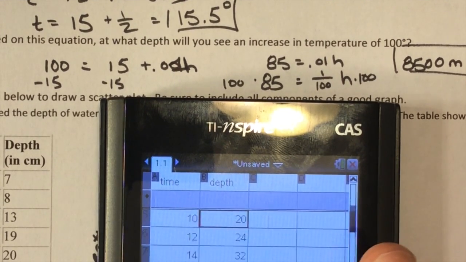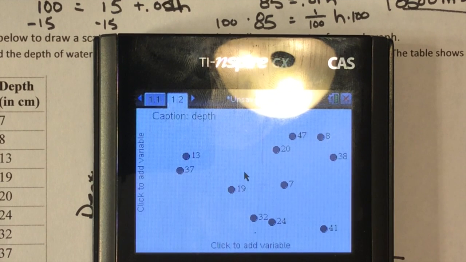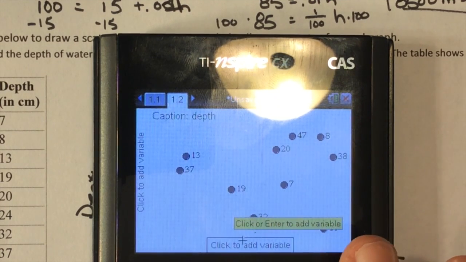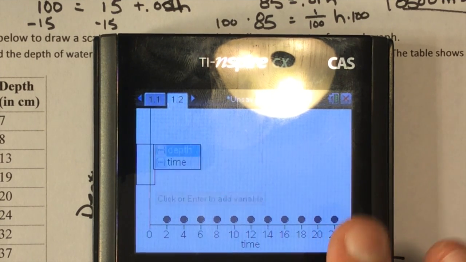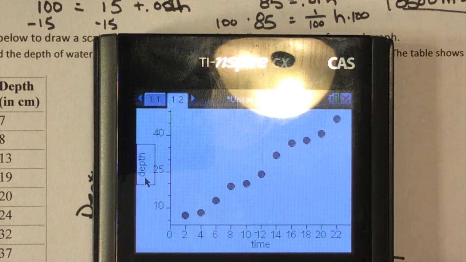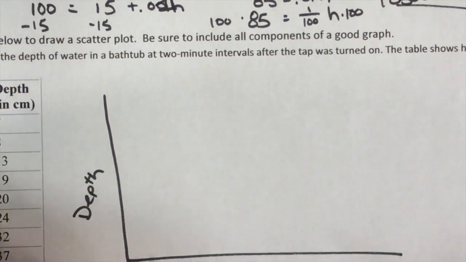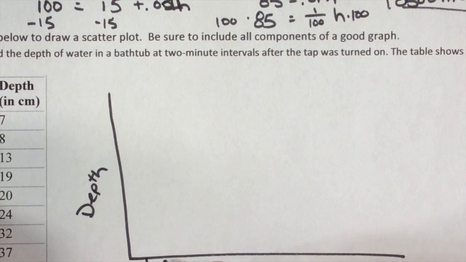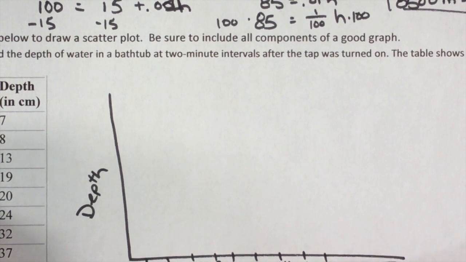Okay, check that my data is entered correctly. So now I'll do Control Doc, add data and statistics. Make sure I select my time as my x and my depth as my y. So that's what my scatter plot's going to be. If I wanted to plot each one of these, I would say this is 0, and I can do 2, 4, 6, 8, 10, 12, 14, 16, 18, 20, 22.